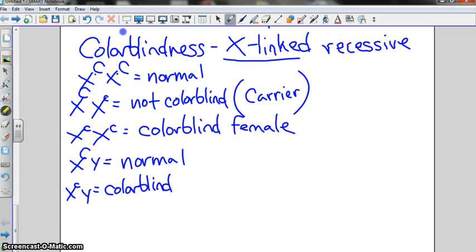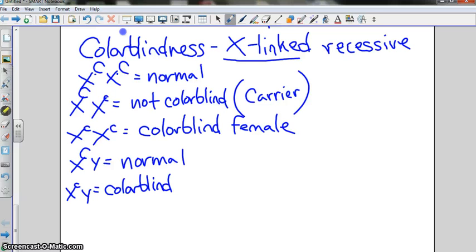Normally you have to have two recessive genes to have a recessive trait, right? But there's only one X here. So he's only got to have one. There's no dominant to cover it up. So this is why guys are more likely to be colorblind than girls, because guys only have to have one colorblind gene, and girls have to have two.